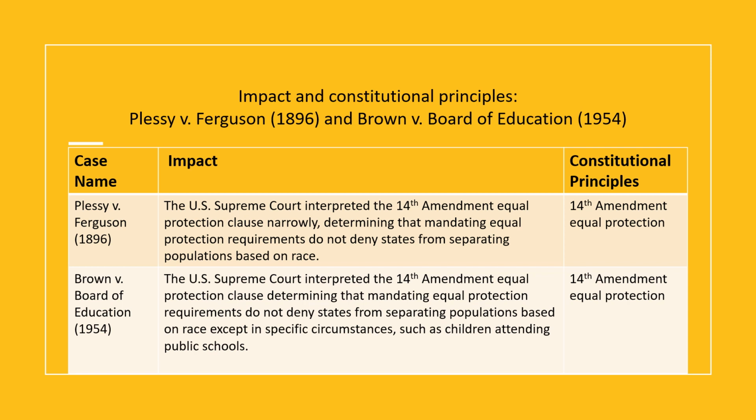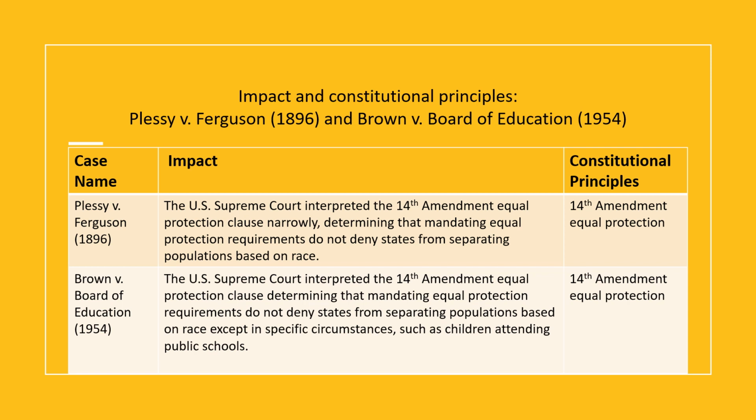But the 14th Amendment Equal Protection Clause also applied in Brown versus Board of Education when the U.S. Supreme Court struck down the concept of separate but equal narrowly, only focusing on children attending public schools. Now, children attending public schools comes from a state mandate that children must be educated, and they must be educated in public schools unless they are provided with alternatives to public school.